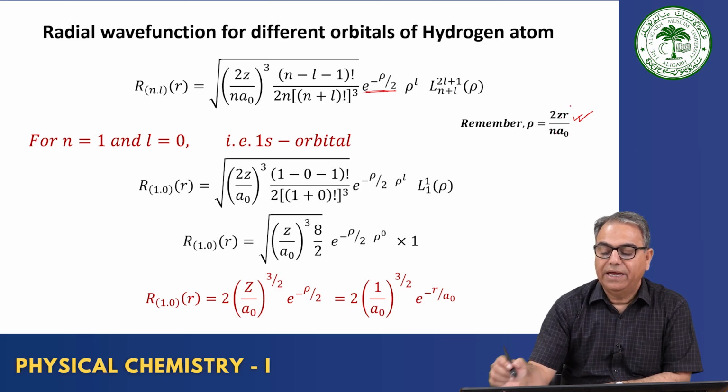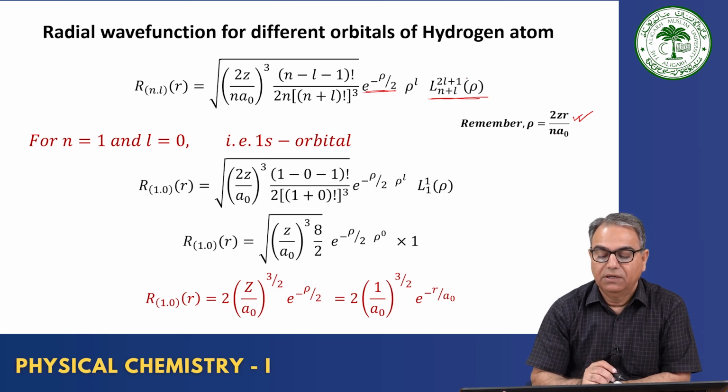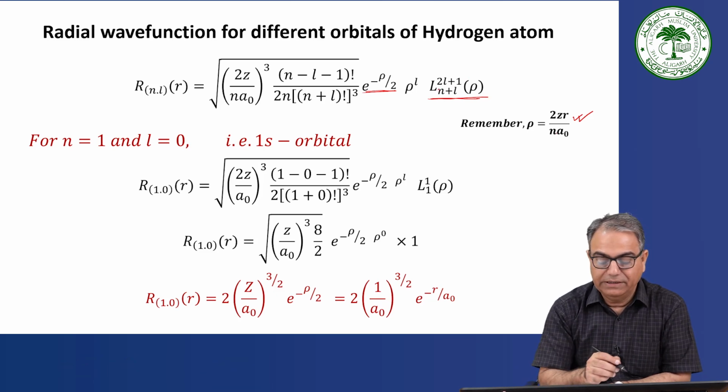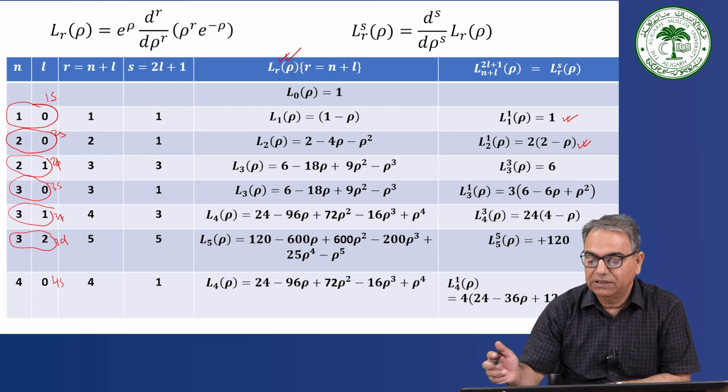Then we have the associated Laguerre polynomial as L to the 2l plus 1, n plus l. In this case, for the 1s orbital, the associated Laguerre polynomial which we are going to use is L 1 1 of rho, and that is equal to 1. You can see from the previous table that this is equal to 1.